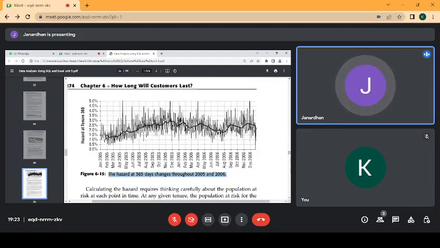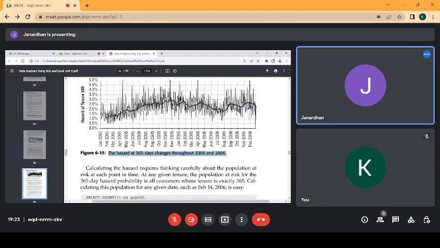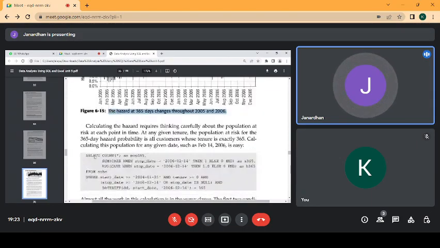There is one graph here. This graph provides the month-wise calculations of hazard at tenure 365 days. For this, you can write the query like this.